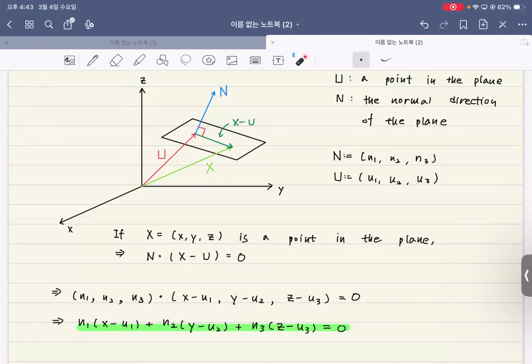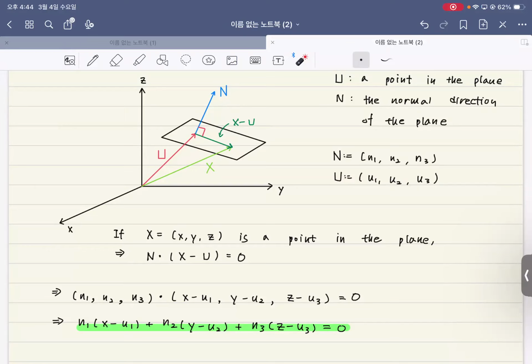So every X, Y, and Z satisfying this relation must be a point in this plane. Why is that? In terms of algebra, the solution x, y, and z of this equation is a point in the plane.